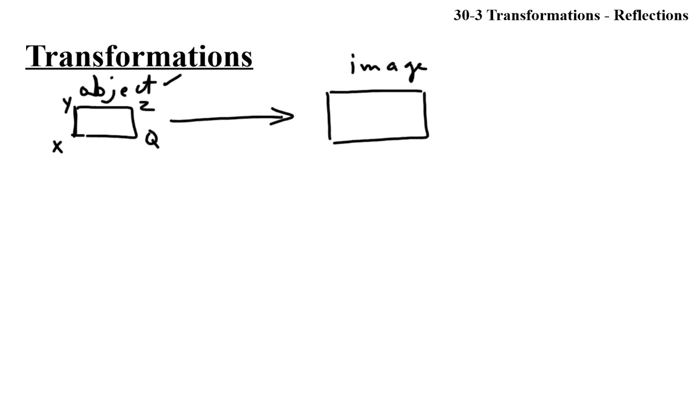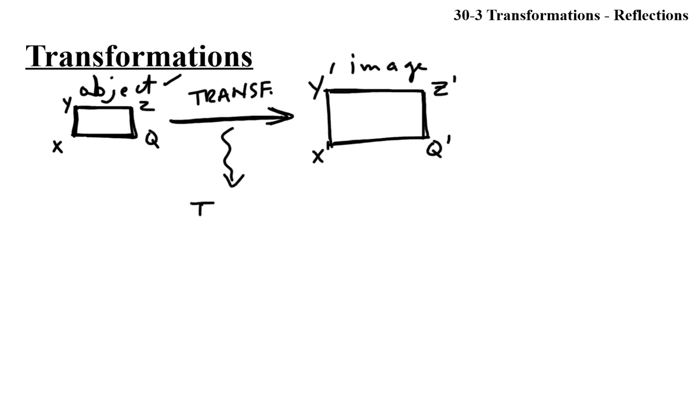Well, remember our starting object after the transformation of some kind, whatever that transformation is, becomes the image. And we know it's an image because of the little ticks, which are referred to as prime. So y, x, z, q becomes y prime, x prime, z prime, q prime after a transformation.